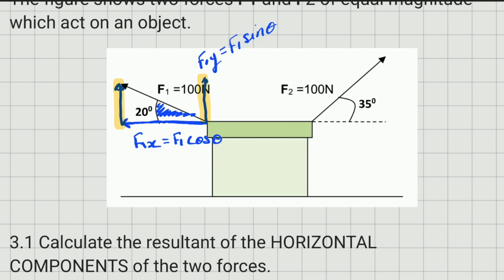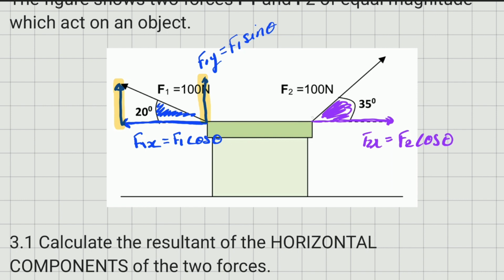F2 also has a horizontal component here on the x-axis, which is going to be F2 in X, and we repeat the same thing because this one is the angle we are looking at, this one is the adjacent side, and it is therefore the product of the hypotenuse, which is F2, multiplied by the cosine of theta, which in this case is 35 degrees.